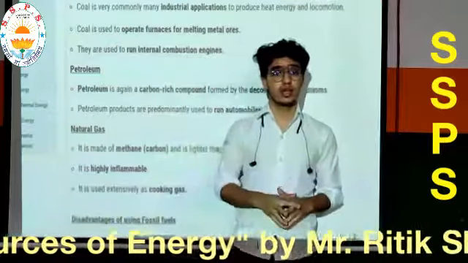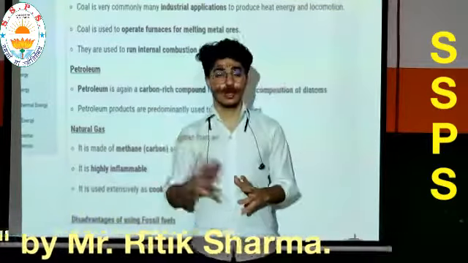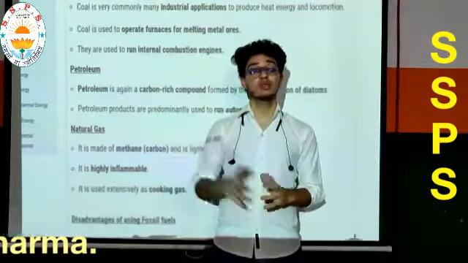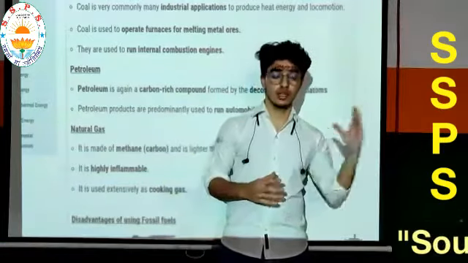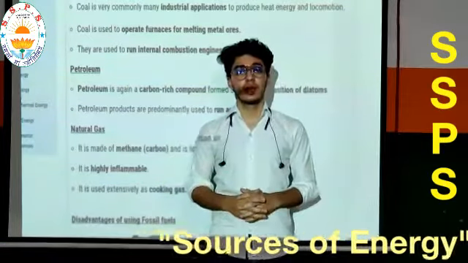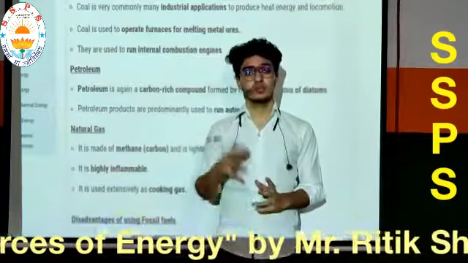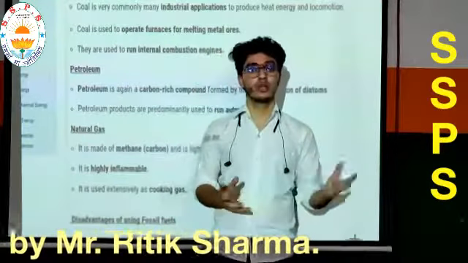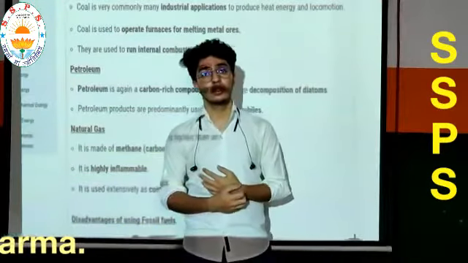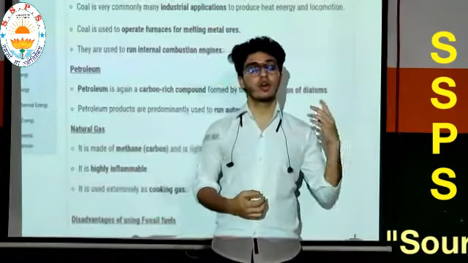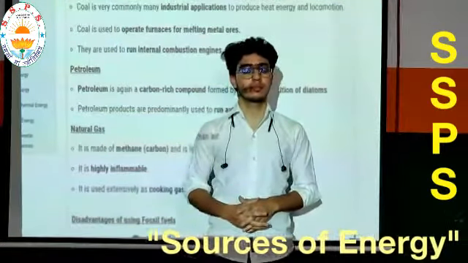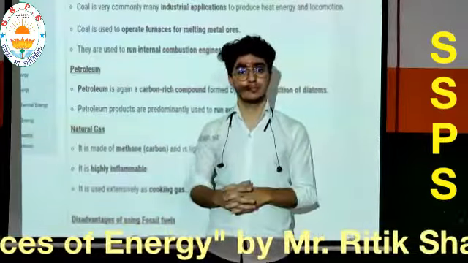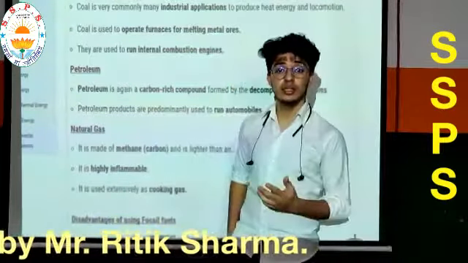It is a rich carbon compound that is formed by the decomposition of diatoms. And nowadays it is mainly used as a fuel to run our automobiles in the form of petrol and diesel.